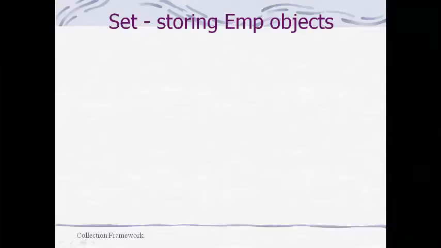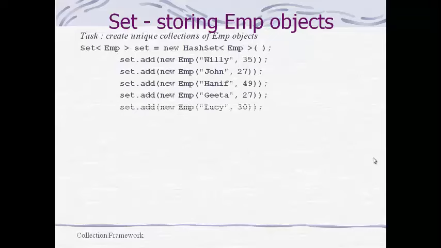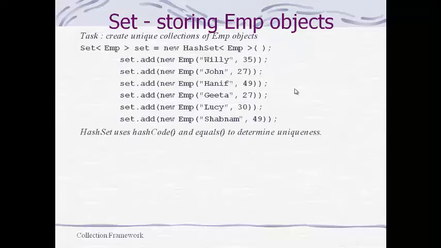If we need to store Emp objects in a set, and we would like to have a unique collection, that is without repetition, again create a HashSet, add the Emp objects to it, and to determine the uniqueness, let us say we would like these numbers to be unique.